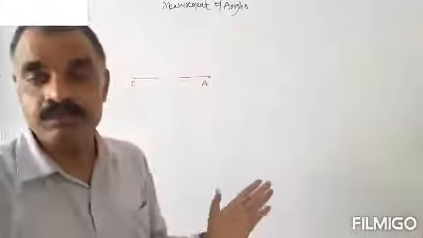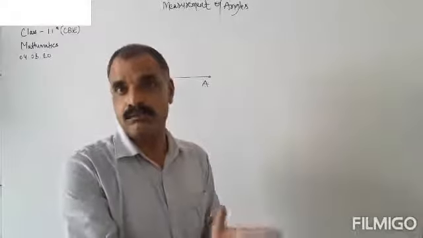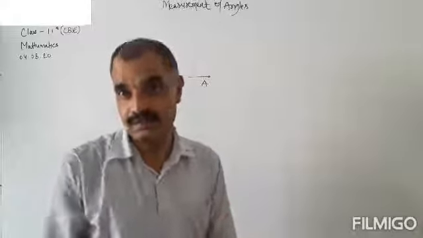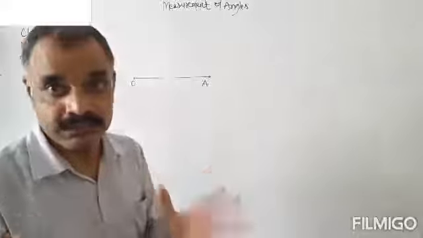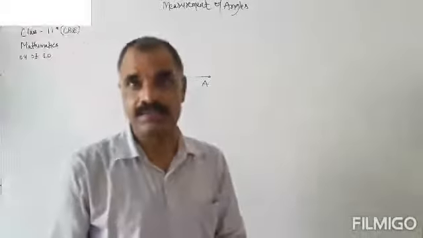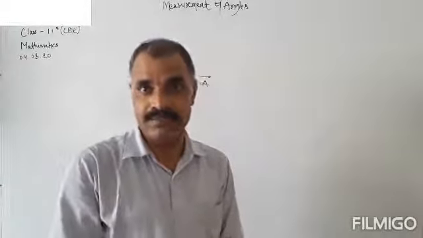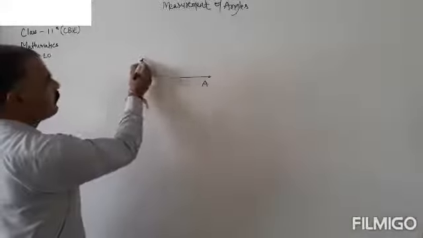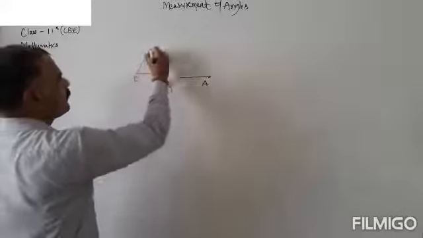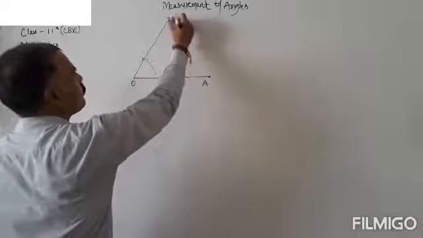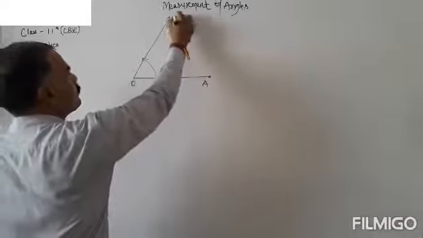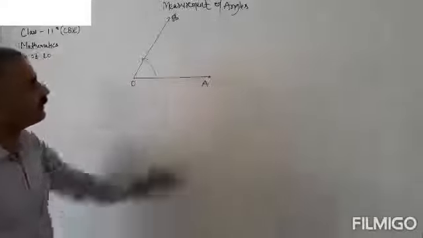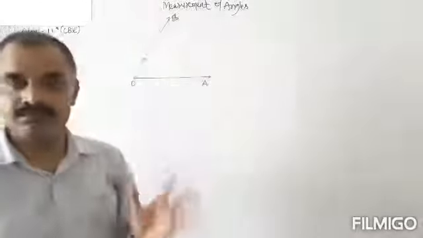Now if we rotate this ray in anti-clockwise or clockwise direction, in any direction, then it takes the position of OB. O is the initial point and B is the terminal point.